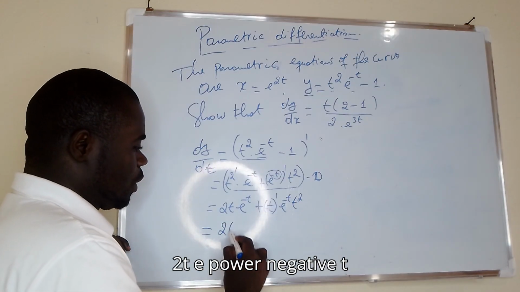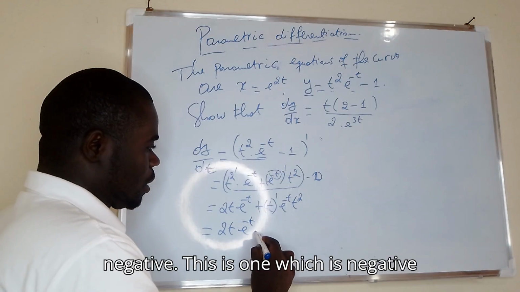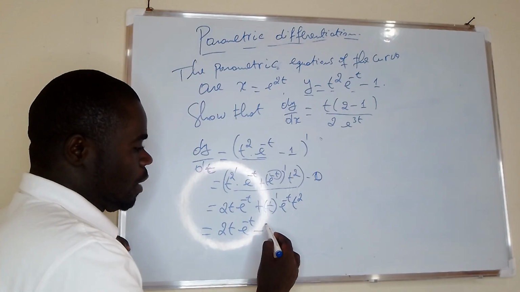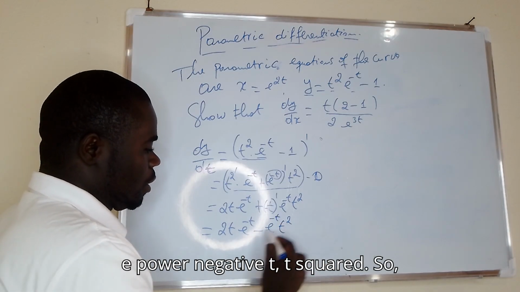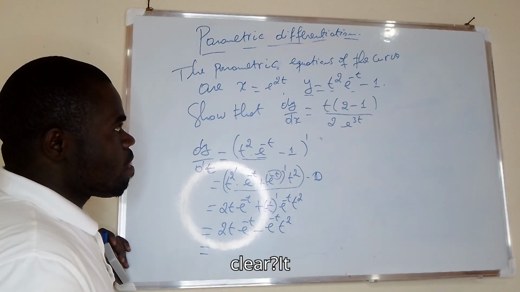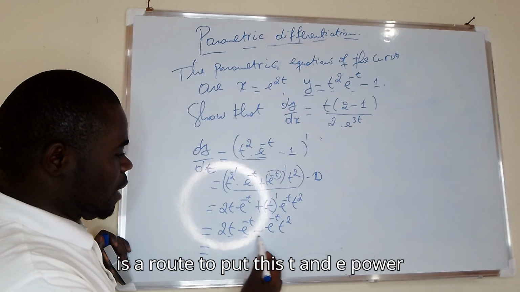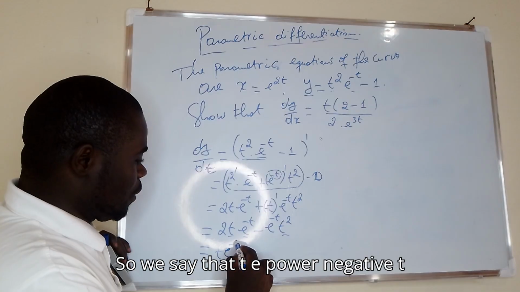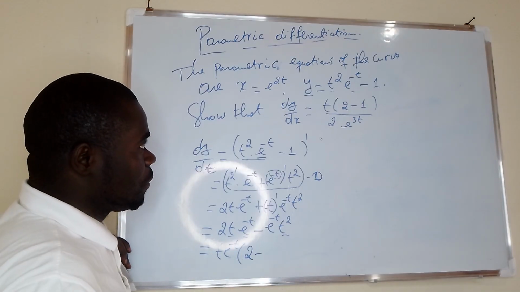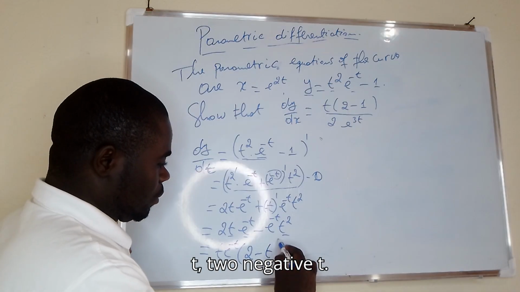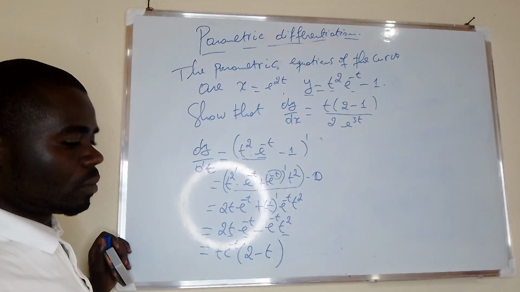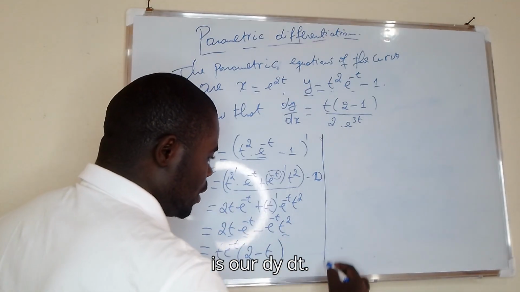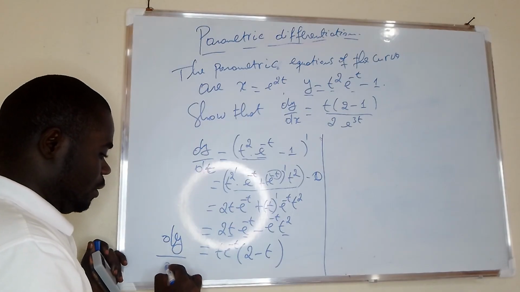So this is 2t e^(−t) minus, because the derivative of negative t is negative 1, t² e^(−t). Here it is allowed to put t and e^(−t) out of the bracket as a factor. So t e^(−t)(2 − t). This is our dy/dt.